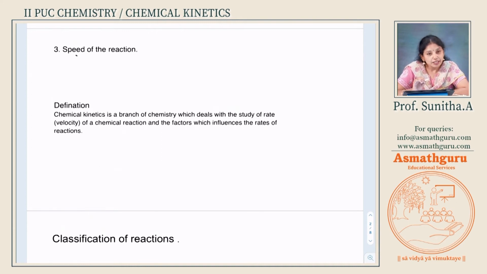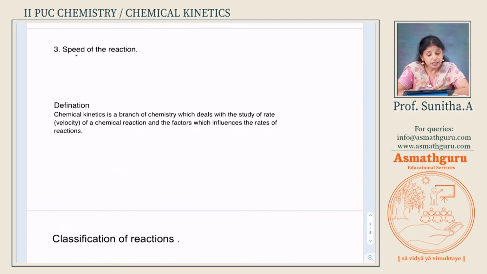So chemical kinetics: kinesis is a Latin word which talks about the movement and the speed of a particular process. Chemical, definitely, is the formation of products from the reactants. So how do you define chemical kinetics?